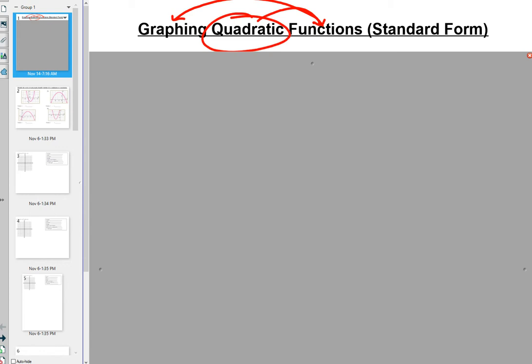We have worked with functions this year, but they were linear functions. And linear functions also had forms. Just for fun, can you remind me what some of the forms were for linear functions?